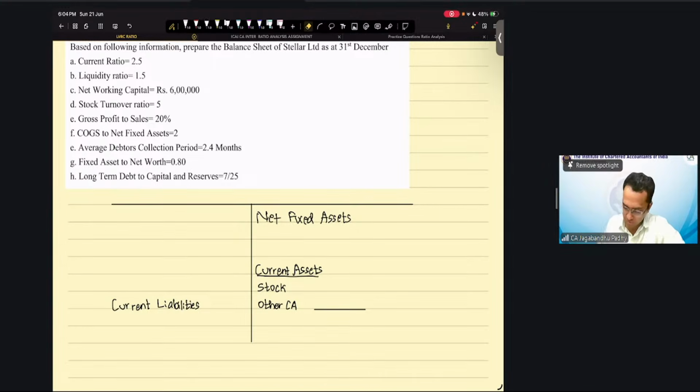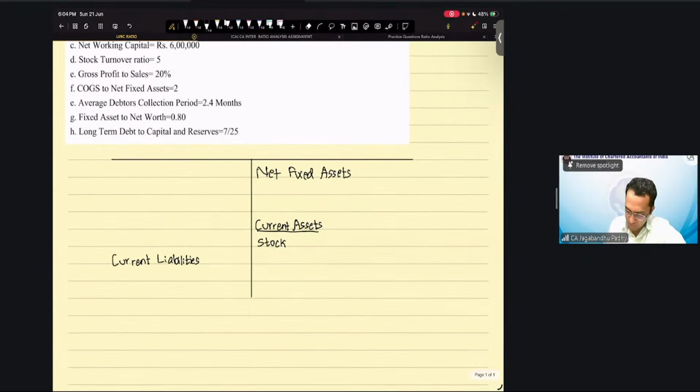Okay, so apart from this, we're going to have the average debtors collection period. So we need to have the value of debtors also. And then we will have the other current assets. Total will be placed on the outer column. So you have to compute the net fixed asset, stock, debtors, other current assets, total current assets, current liabilities.